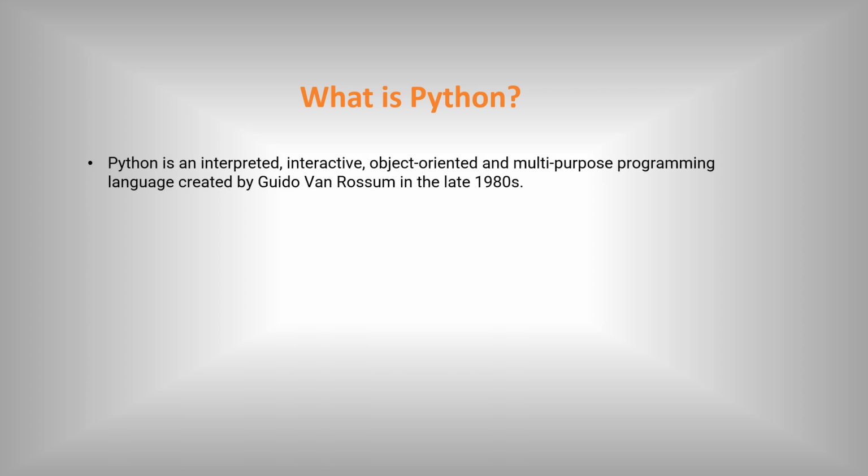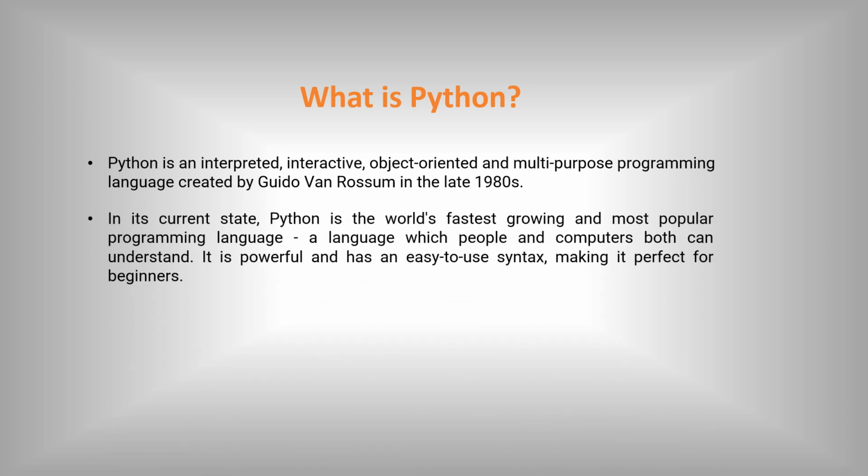To begin, let's get introduced to the most popular question about Python. What is Python? Well, Python is an interpreted, interactive, object-oriented and multi-purpose programming language created by Guido van Rossum in the late 1980s. In its current state, Python is the world's fastest growing and most popular programming language, a language which people and computers both can understand.